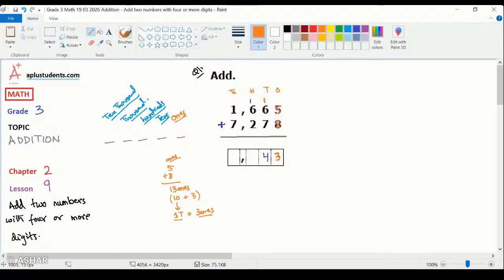Okay, so now how many tens do we have? We had 1, 6, and 7.